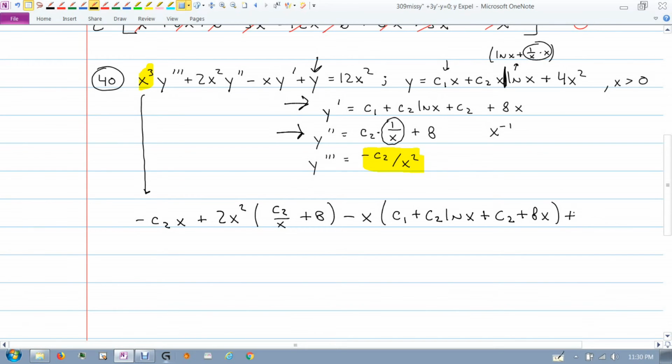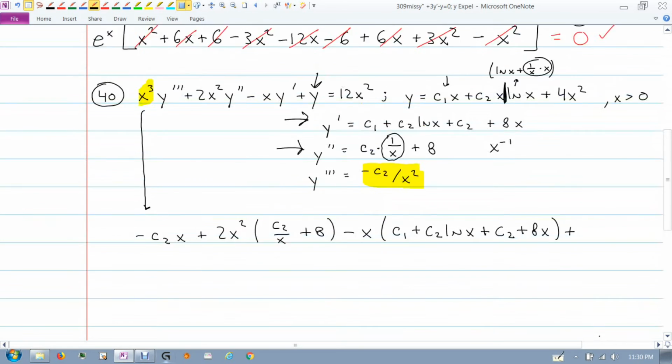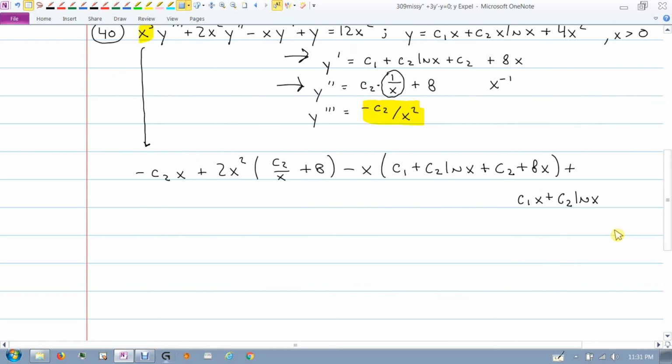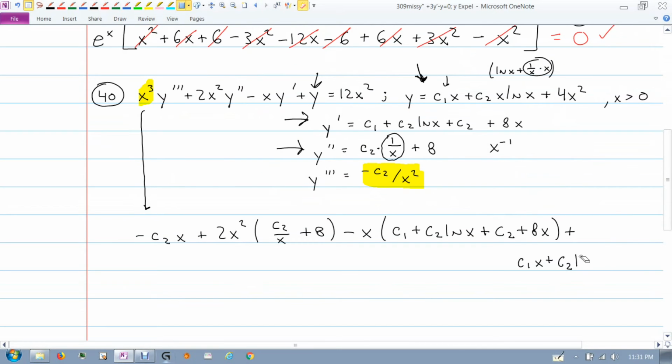And y is right here, so plus c sub 1x plus c sub 2 x ln x, plus 4x squared.